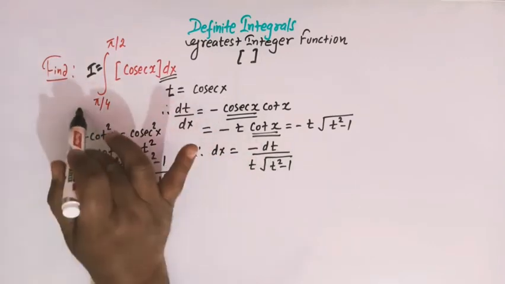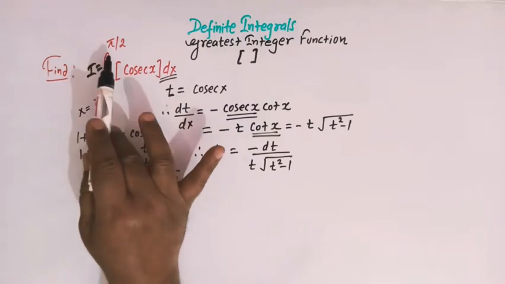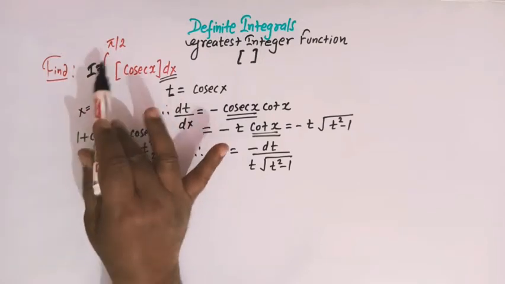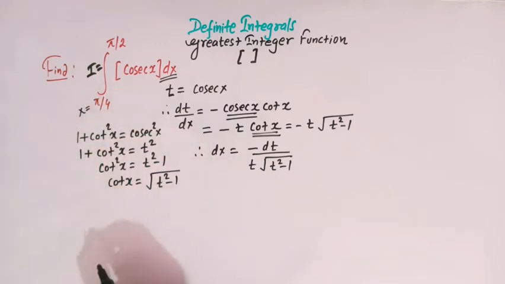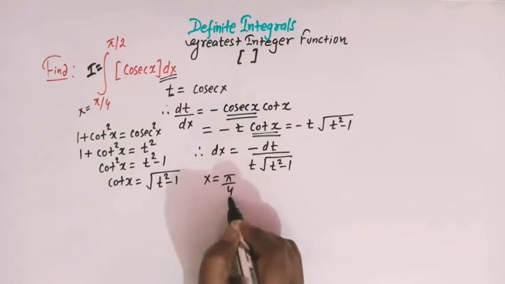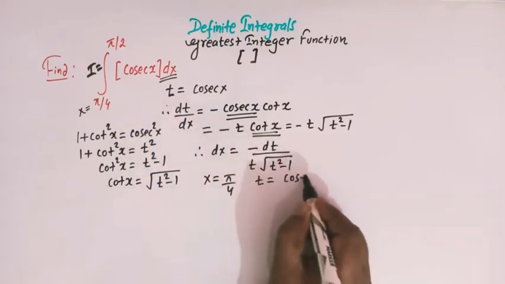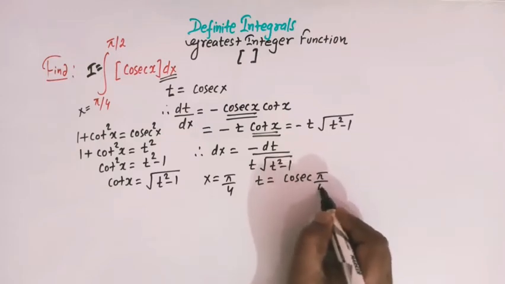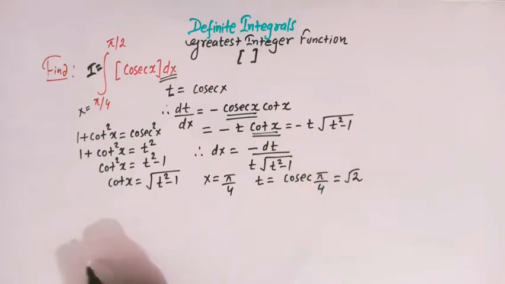Now we see that the limits of integration are from pi by 4 to pi by 2, so we have to change the limits accordingly. When x is pi by 4, the value of t is cosec pi by 4, which is square root of 2.